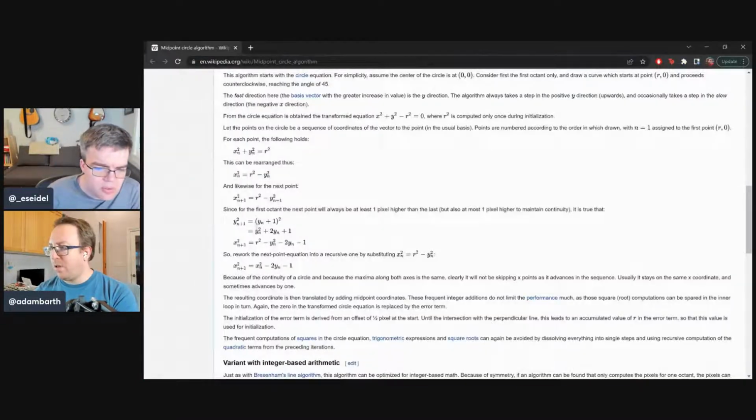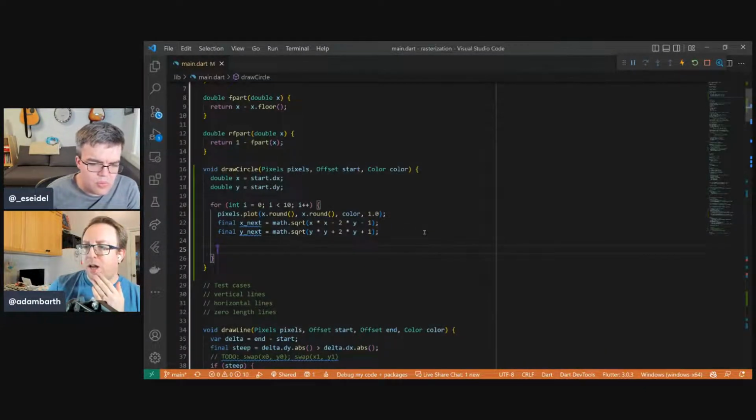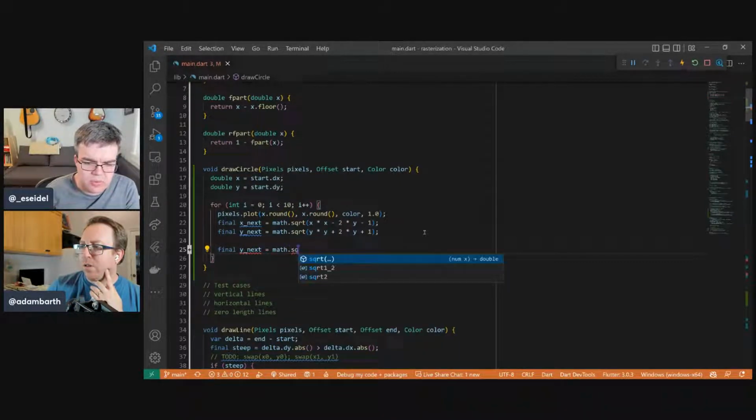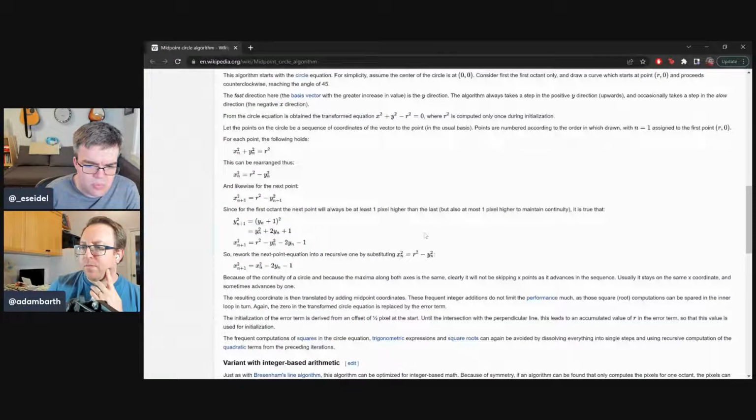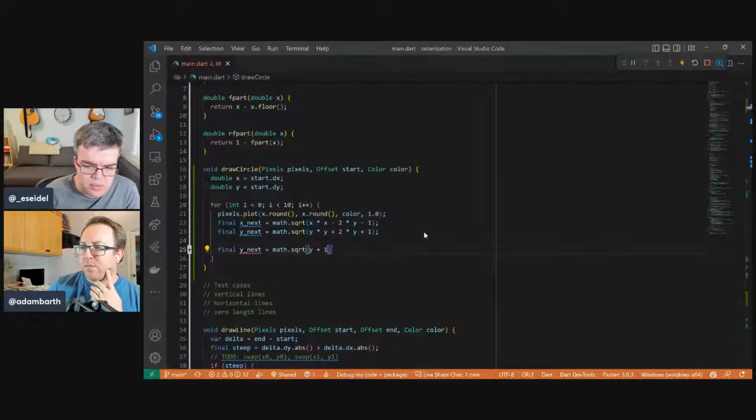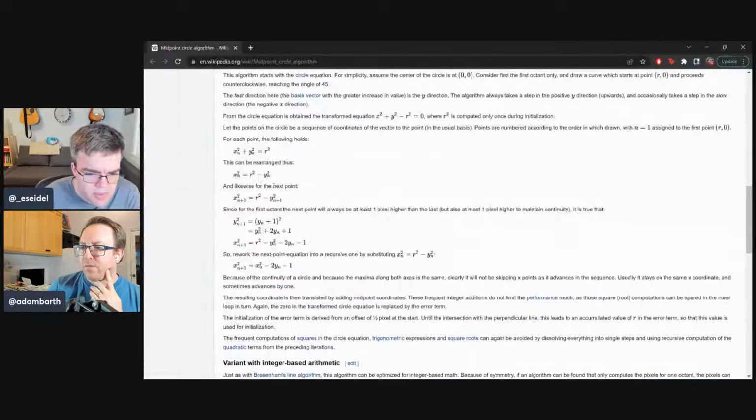It looked like you could either do... It's weird to me that y next is equal to math.sqrt of y plus 1. That should be it. Is that right? Because it's this one, right? Yeah. Oh, it's just y.